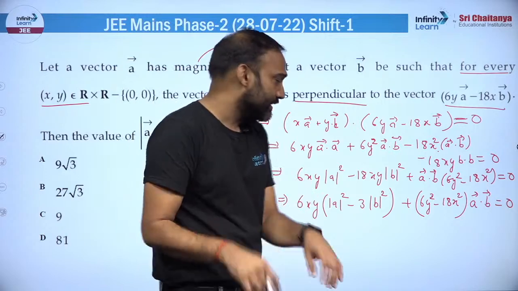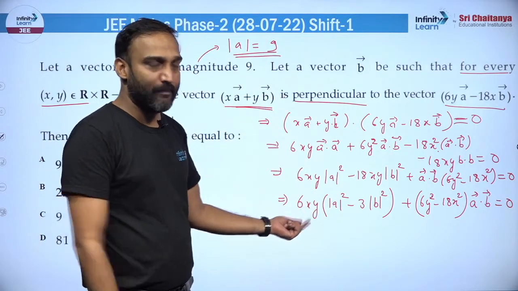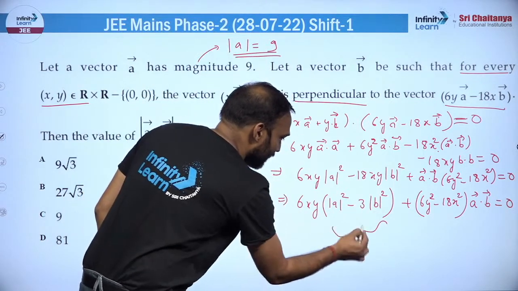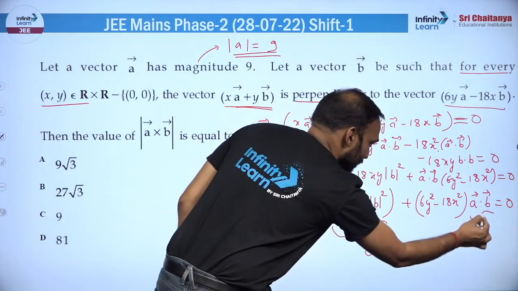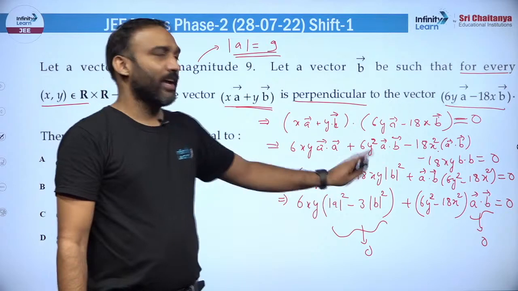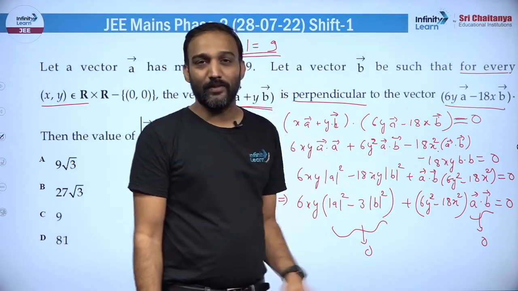Right? Are you getting my logic? So no matter what x and y I put, this should be equal to 0. This will hold true only if this fraction is 0 and this is 0. If these two are 0, no matter what x and y you put, right, this into 0 is 0, this into 0 is 0, so my answer will always be 0.